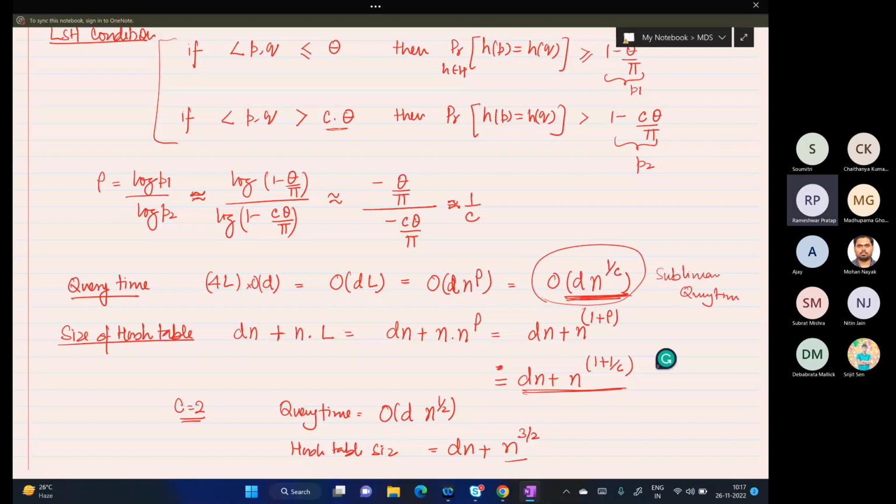Our query time is sublinear, but the space required to store the hash table is superlinear. If we are okay with superlinear space complexity but particular about a sublinear query time algorithm, then in those applications this LSH mechanism can be useful.